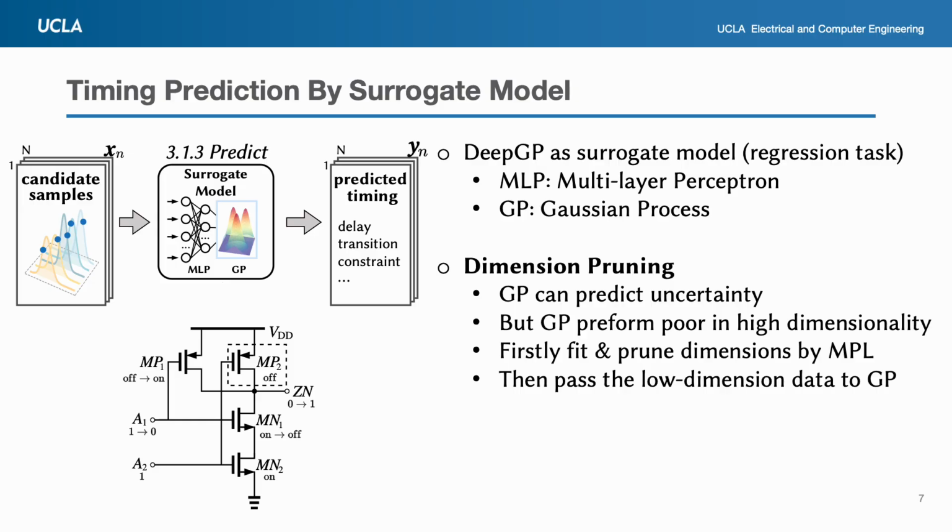For instance, in this NAND2 circuit, when pin A1 is falling while pin A2 stays at high voltage level, the transistor MP2 is always turned off, and then MP2's process variation dimension won't impact the timing. So we want to fit and prune those inactive dimensions with the MLP. Then it passes the low dimension data to the GP.